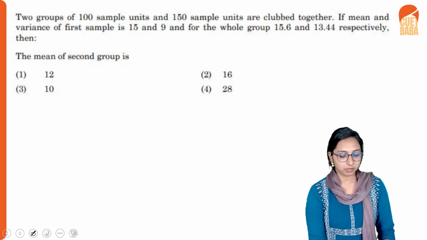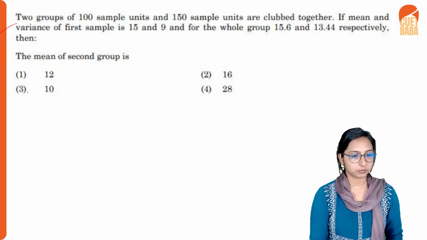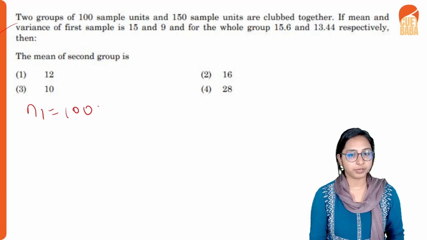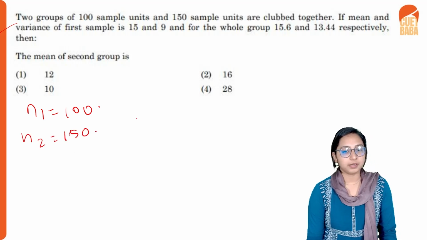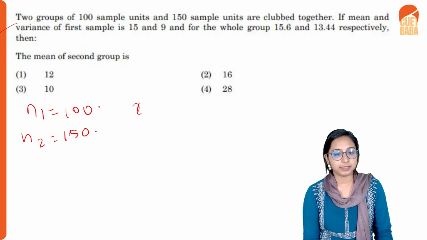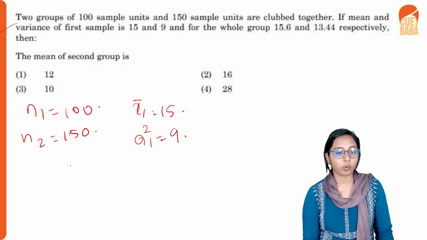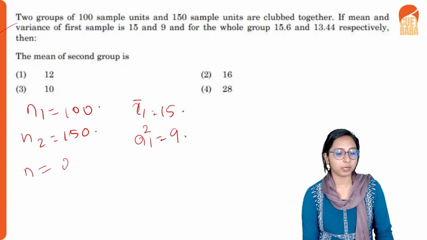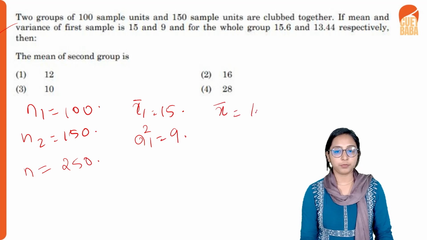Here the values are given as n1 is equal to 100 and n2 is equal to 150, and also the mean and variance of the first group are given, which is x1 bar equal to 15 and sigma 1 square equal to 9. For the whole group we can calculate n as 250, and the whole group x bar is equal to 15.6.